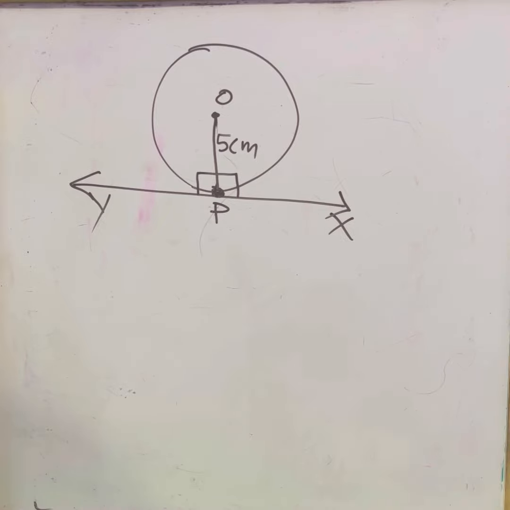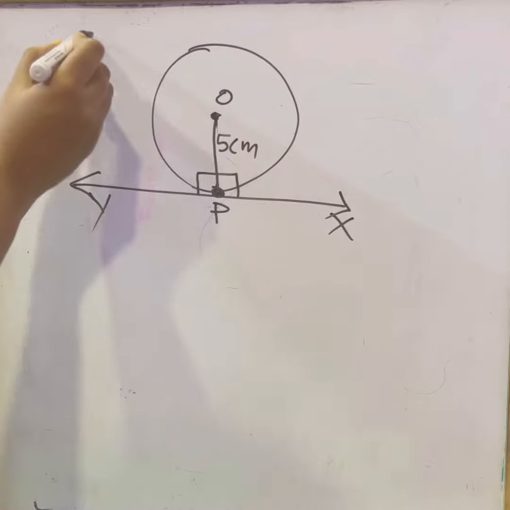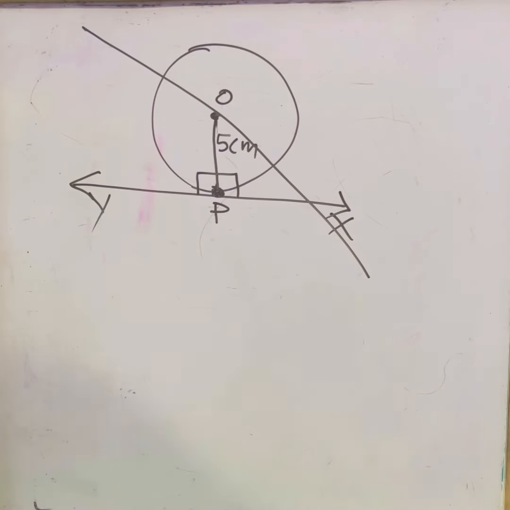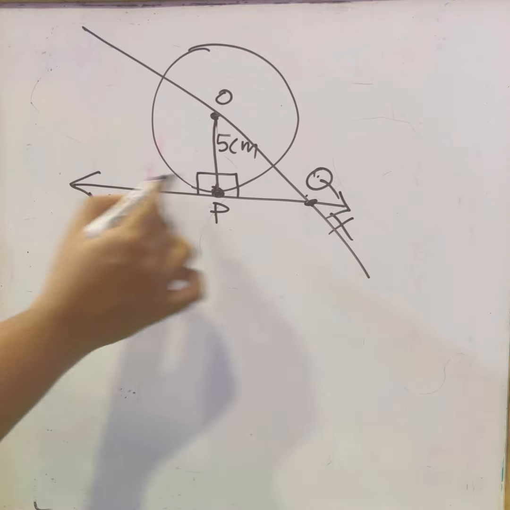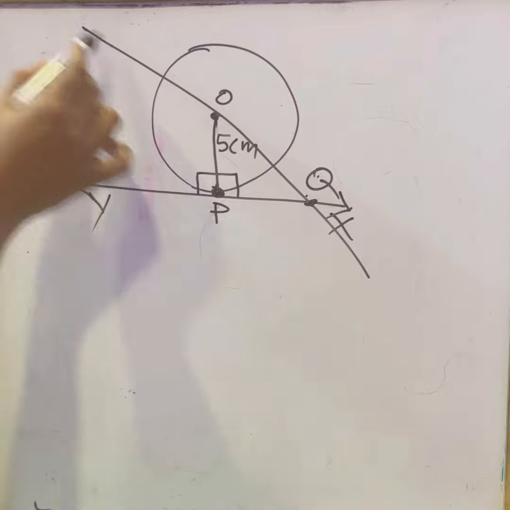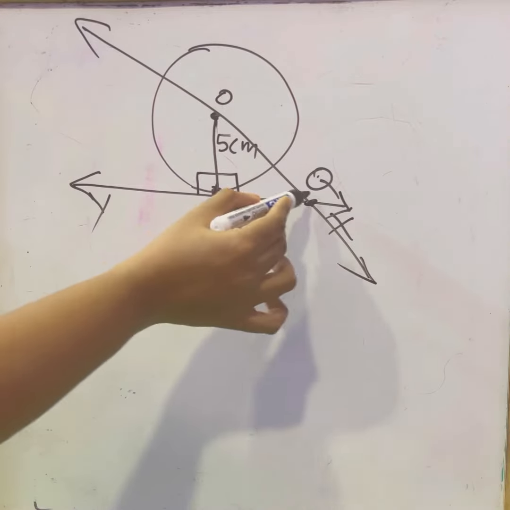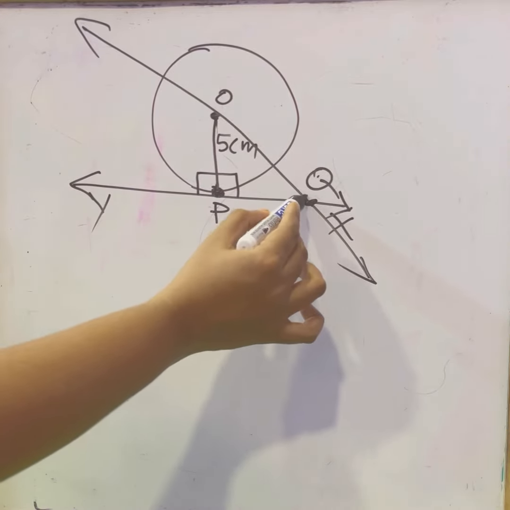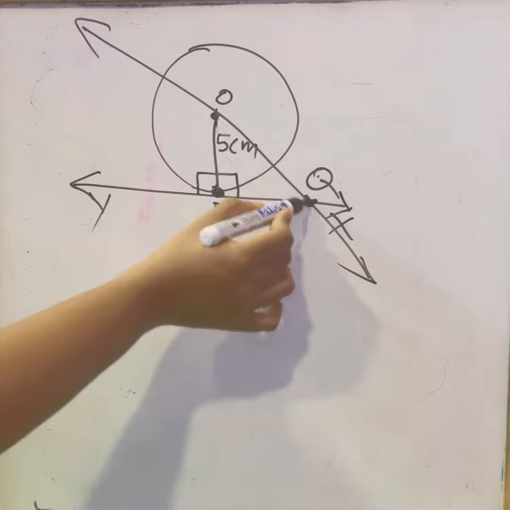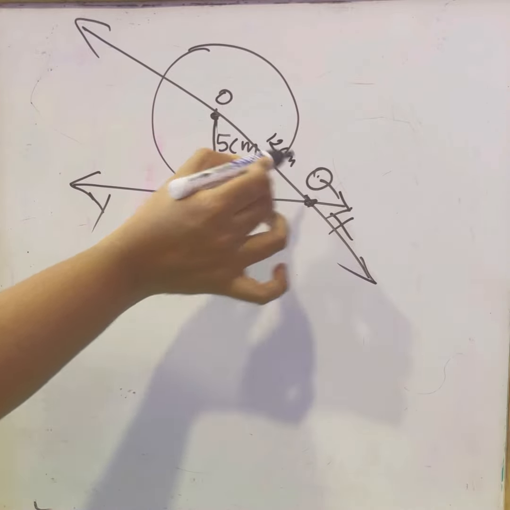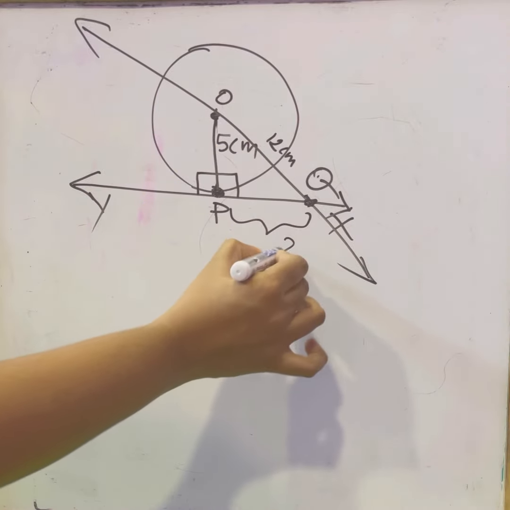It meets a line through the center O. That is, there will be a line passing through center O, and it meets the tangent at the point Q, so that OQ is 12 cm. You have to find out the PQ length.